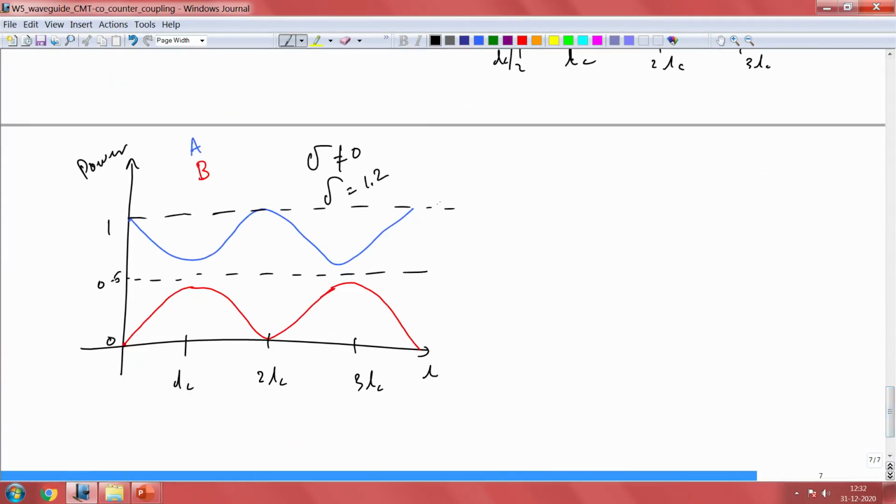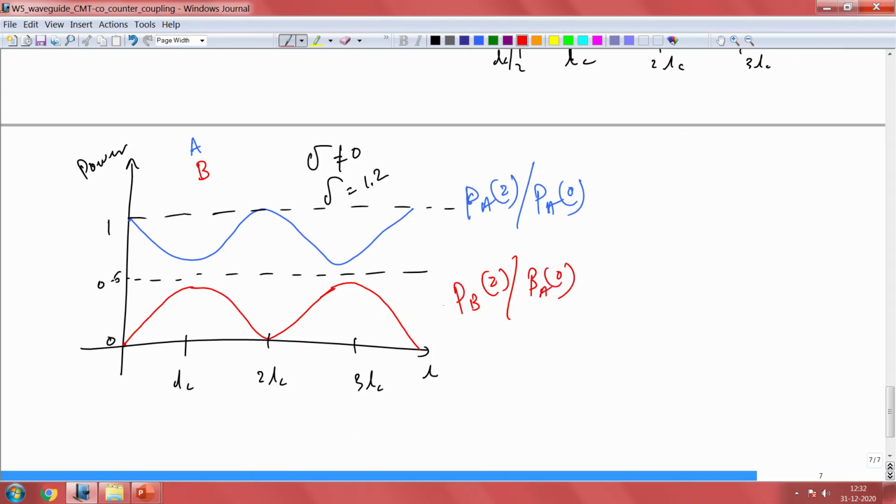So, what you see here is nothing but, let me draw this in blue, P A Z over P A naught and here P B Z over P A naught.